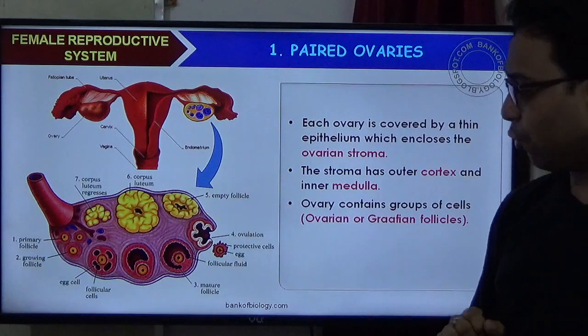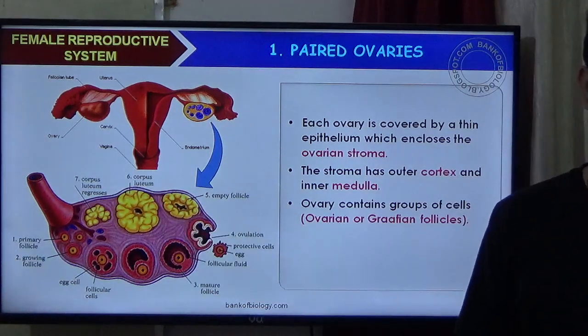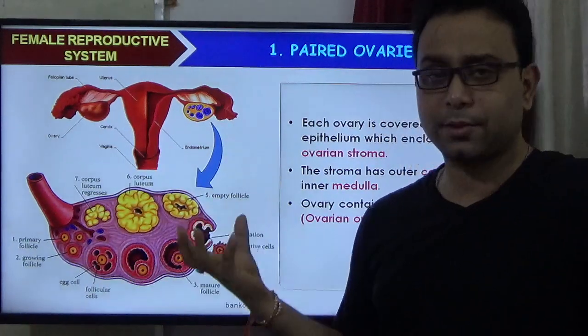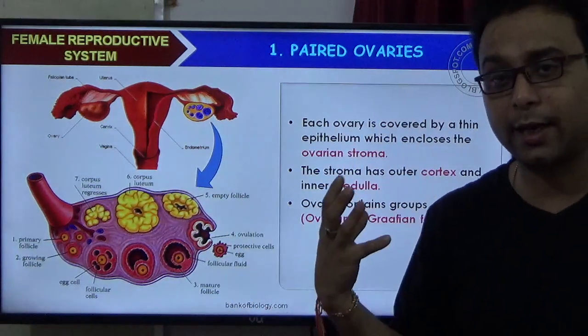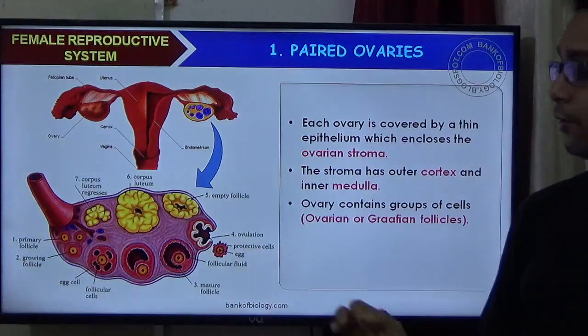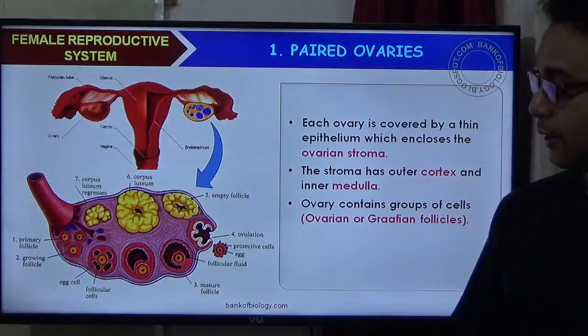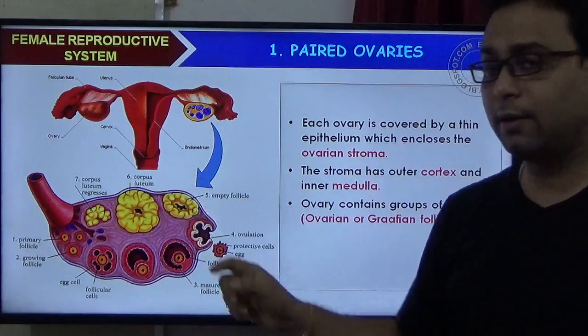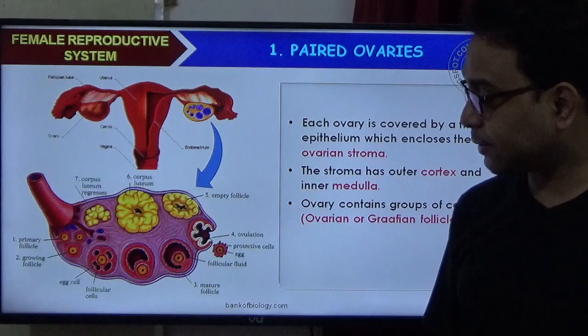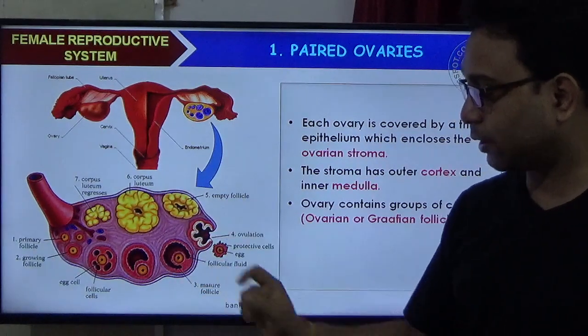But you know, the ovary contains a group of cells. Here you see different types of cells at different growing stages. These are called the Graafian follicles. Which one is the Graafian follicle?